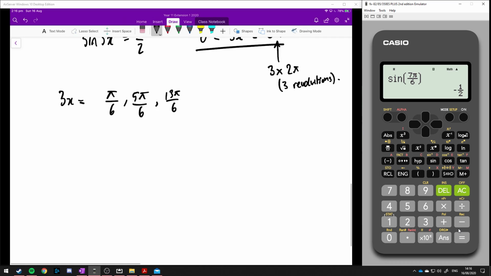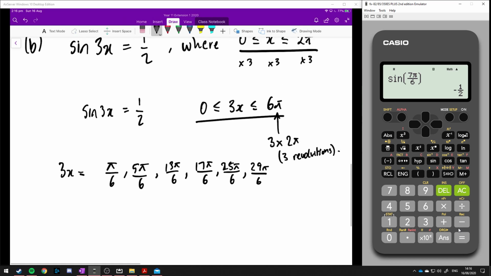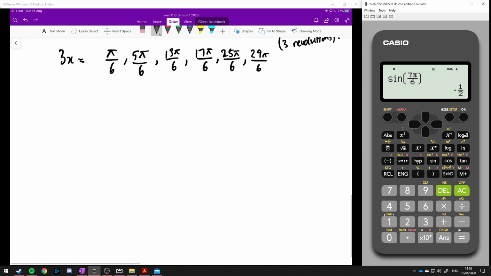So the first one, 13 pi on 6, and adding 12 pi on 6 to the second one, we get 17 pi on 6. Doing it again for the third, adding 12 pi on 6 to both, we get 25 pi on 6 and 29 pi on 6. So that's where 3x is equal to that in the domain between 0 and 6 pi.